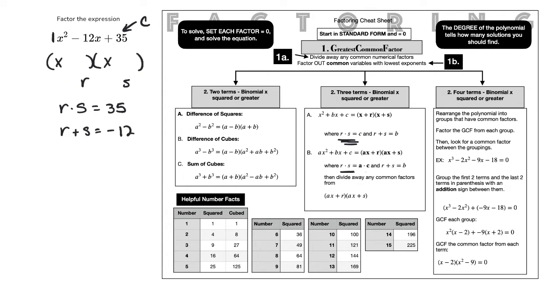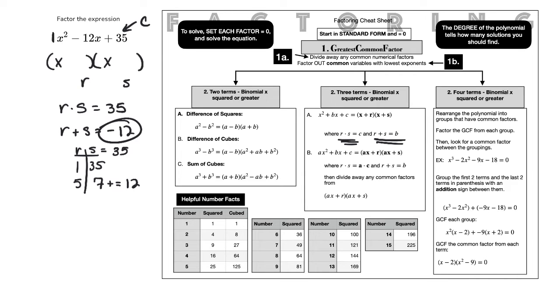Those are those two statements. Okay, so if I look at the things that multiply to give me 35, it could be 1 and 35, or it could be 5 times 7. Well, I want the 5 and the 7 because they add up to 12, which is the middle term.